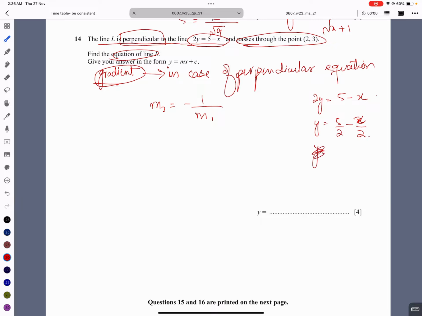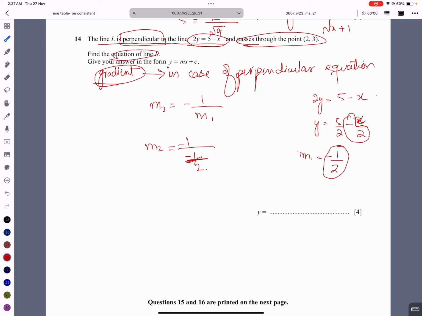So what is the gradient over here? What is present with x? If nothing is present, we will assume x is multiplied with 1, because 1 into x is x divided by 2. Whatever is the coefficient of x will be the gradient. Now substitute in it.